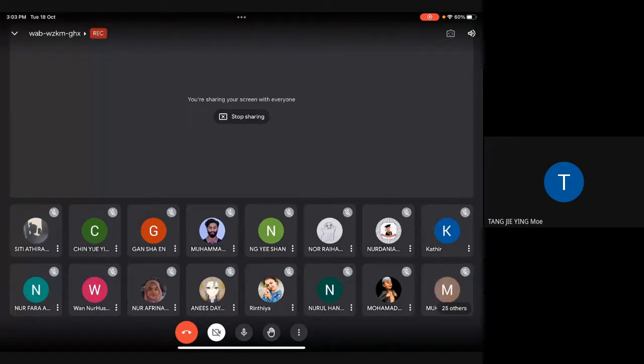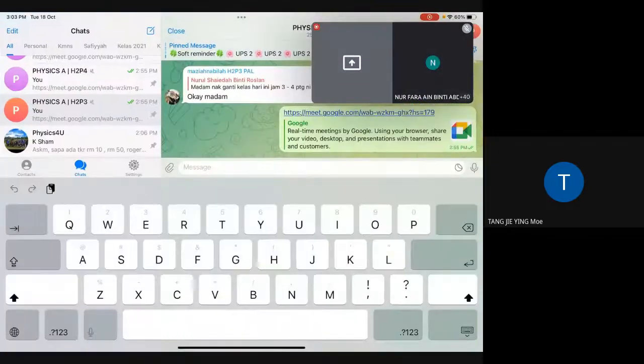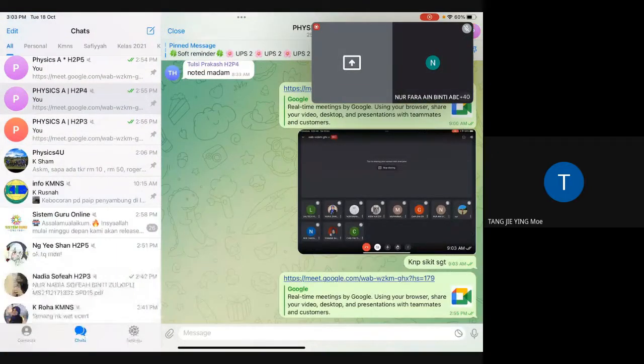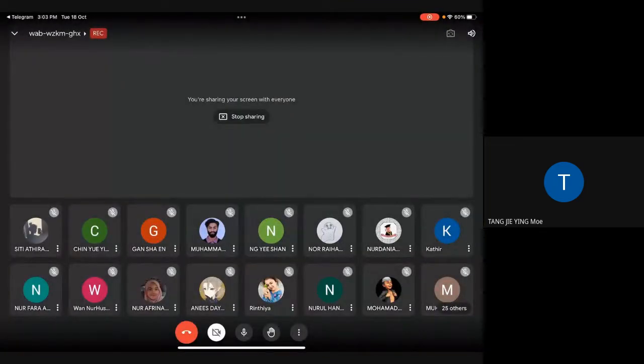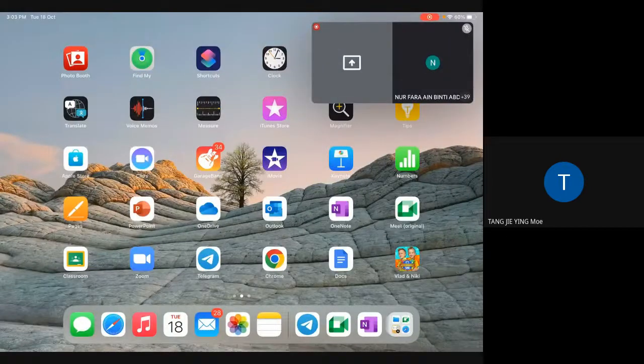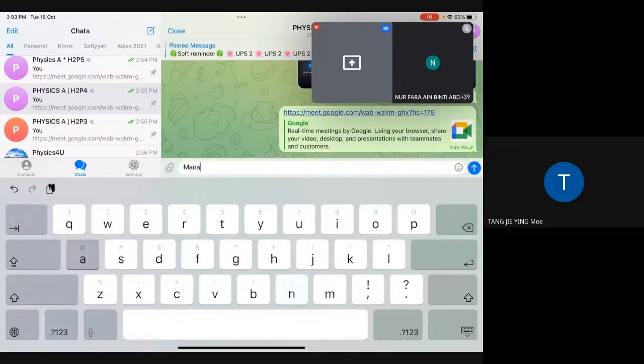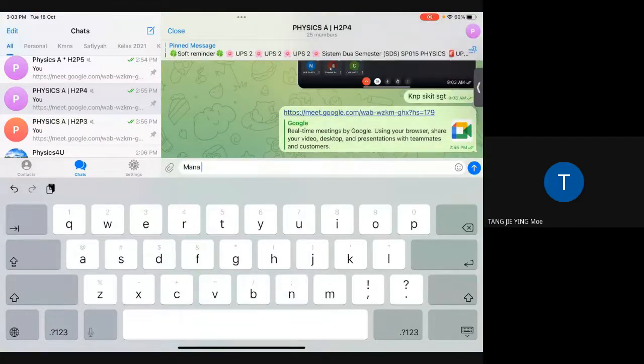Ibu Sen. Mana budak F4P4 ni? H2P4 ni tak ada lagi kan? Ada. Tak ada dah? Okay.